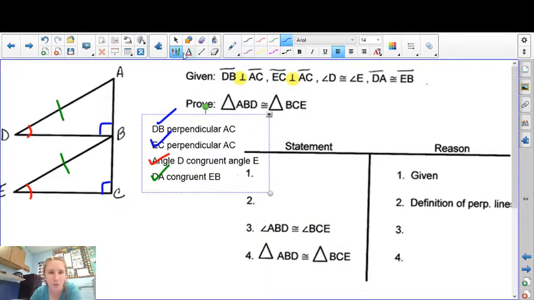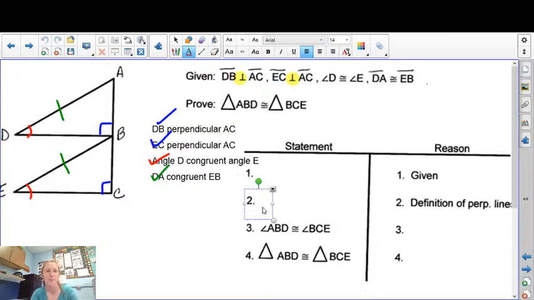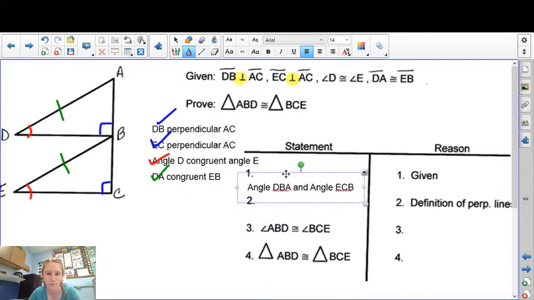So I'm going to type, I might have to move this up, angle DBA and angle ECB are right angles. And that's because of the definition of a perpendicular line.